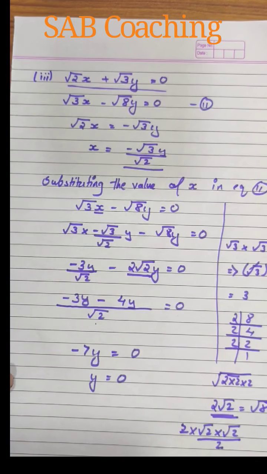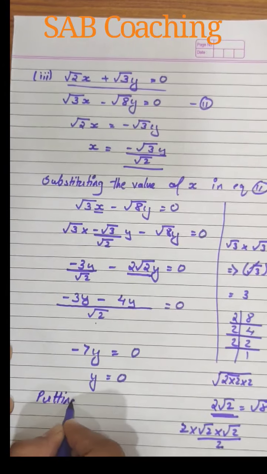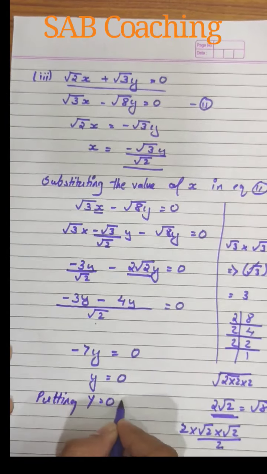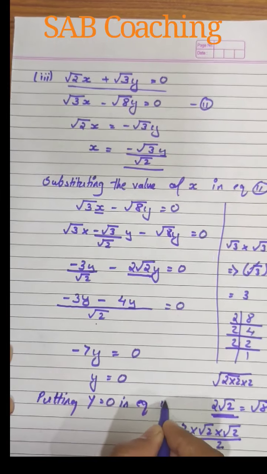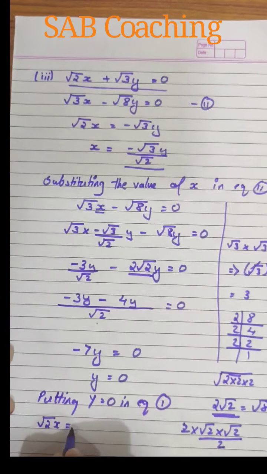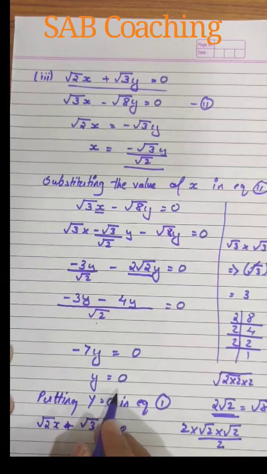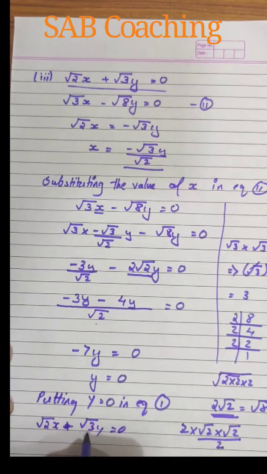You can substitute that in equation number 1 or equation number 2 also. So on putting y equal to 0 in equation 1, what you will get: root 2x plus root 3y equal to 0. y equal to 0, when 0 is multiplied by root 3, it is going to give you 0 only.